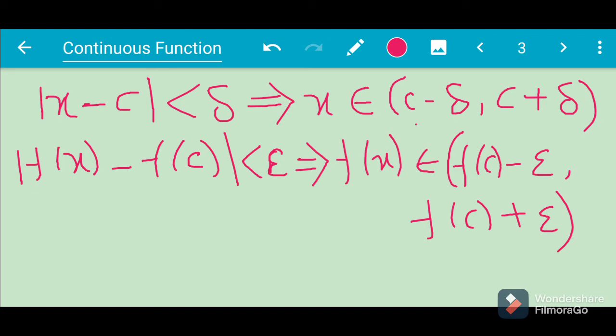So whenever x belongs to this interval, f(x) belongs to this interval.